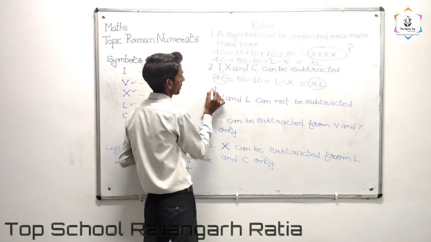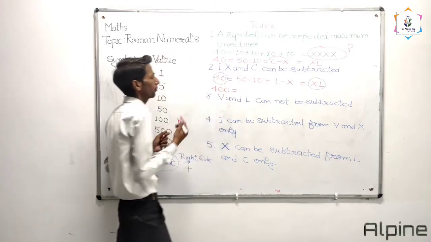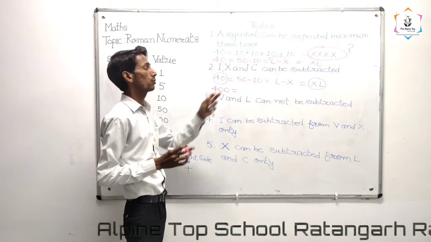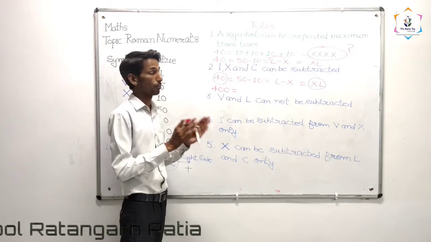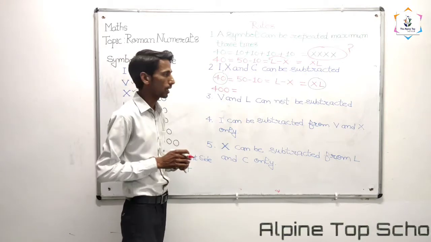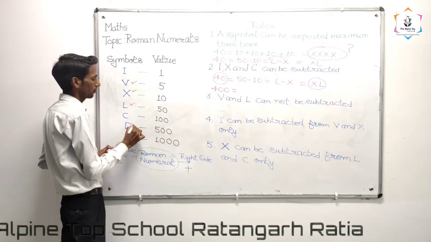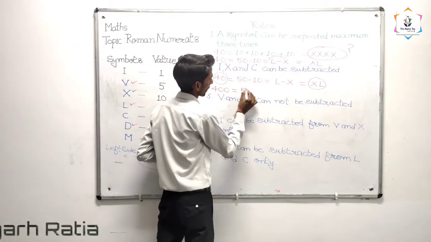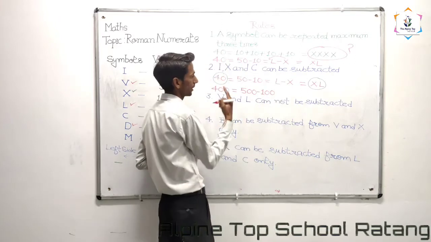Now one example for C, because the value of C is 100. Just imagine, dear students, I am going to write 400. For 400 we have no specific symbol. If you try to use C, you have to repeat C 4 times, 100 plus 100 plus 100 plus 100. But according to the first rule, we cannot repeat any Roman numeral more than 3 times. It means to write 400, we have to take the help of 500. The Roman numeral symbol for 500 is D. Now, if you subtract 100 from 500, you will get 400.